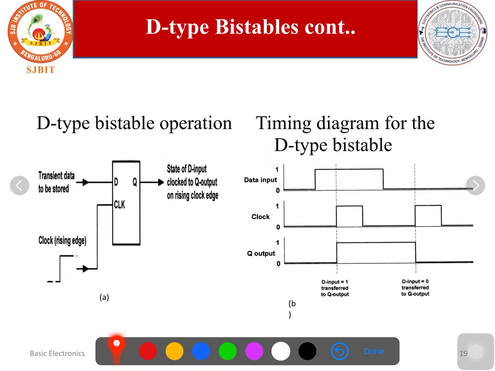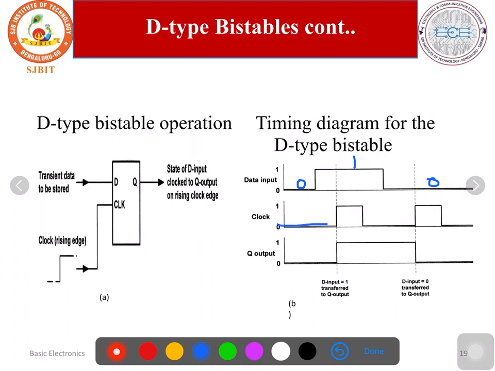So how do we understand the operation of this? We will go with the timing diagram of the D-type bistable. Here we have written the data input that we are going to apply. Some input we have taken; there is no rule that you should write only this. Here D is equal to 0, this is D equal to 1, here D is equal to 0.